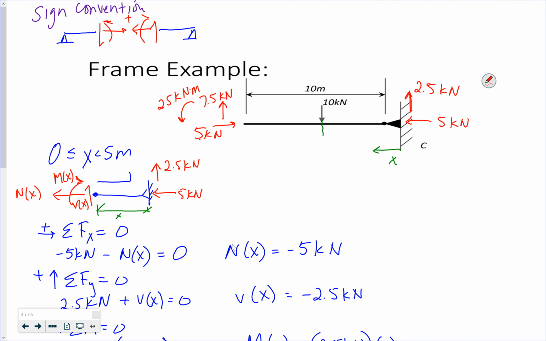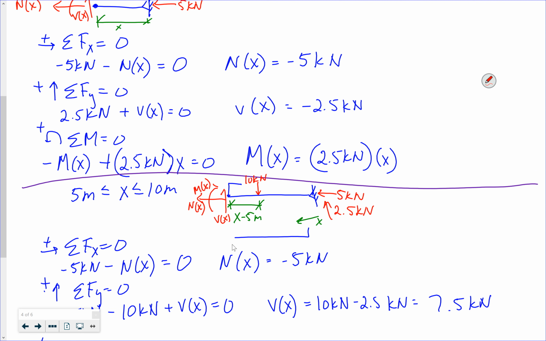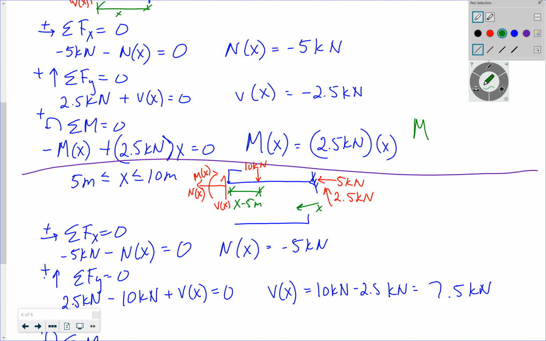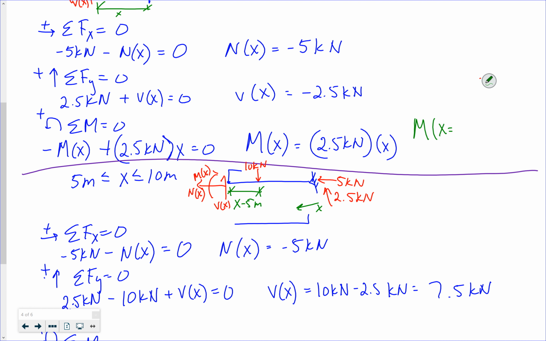For my beam, what would be my value at 5 meters? All right, let's check. Where I have my concentrated force, I cross 0, so I'm going to have some kind of maximum there. It is 2.5 times 5, which is 12.5, I believe.